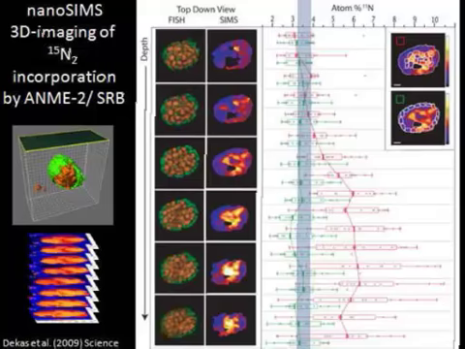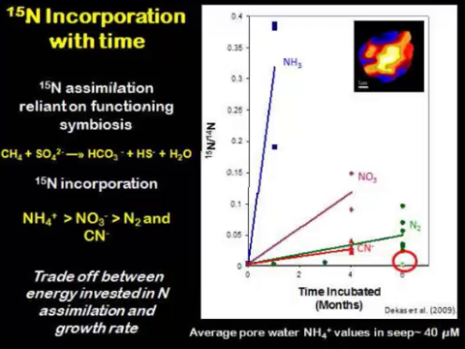Okay. So looking at the uptake of various nitrogen sources under conditions supporting methane oxidation, we see that it follows a trend that's very similar to what you would expect based on the energetics of using these different nitrogen sources, where ammonium over time is utilized much more effectively than nitrate versus N2 and cyanide.